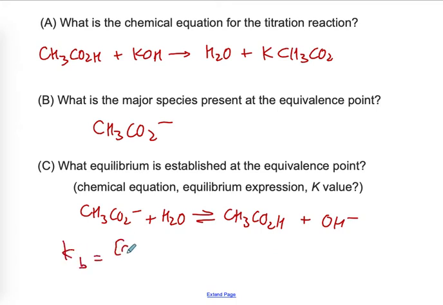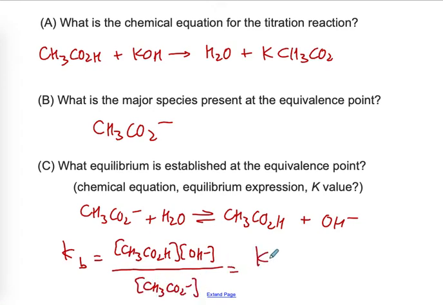Kb is equal to the concentration of acetic acid times the concentration of hydroxide divided by the concentration of acetate anion. Well, that's simply equal to Kw over Ka for acetic acid, which we're given.